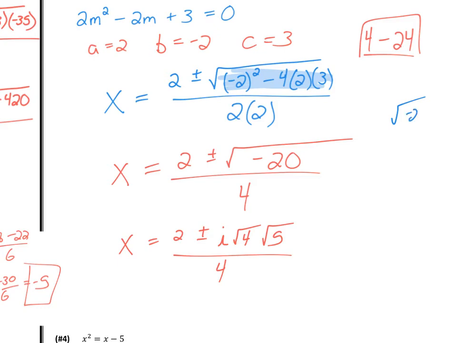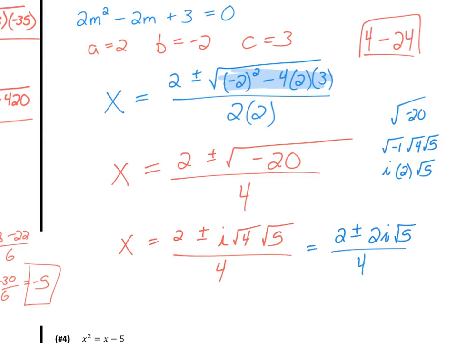Square root of negative 20 is really negative 1 times 4 times 5. Negative 1 is i. Square root of 4 is 2. So that's where that i comes from, and it's going to be times 2 times square root of 5. So this will equal 2 plus or minus 2i square root 5, all divided by 4.